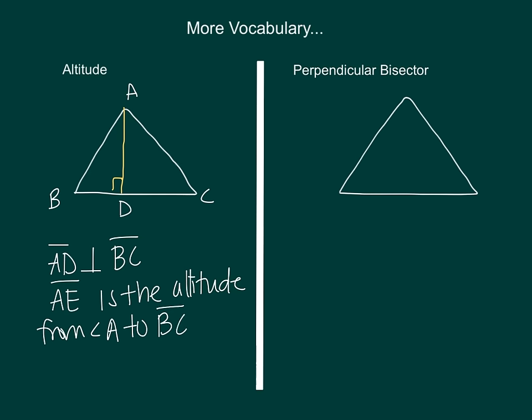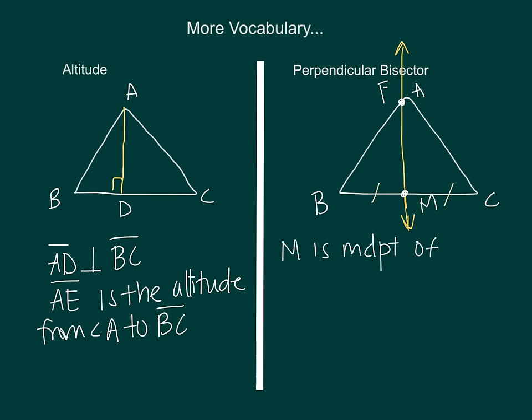Okay, if we look at the perpendicular bisector, this is also a perpendicular line, but it doesn't always go through the vertex. So if I label my triangle, I have vertex A, B, C. This point here is F, and this point here is M. So I know a couple things here. I know that these are congruent, so I know that M is the midpoint of segment BC.